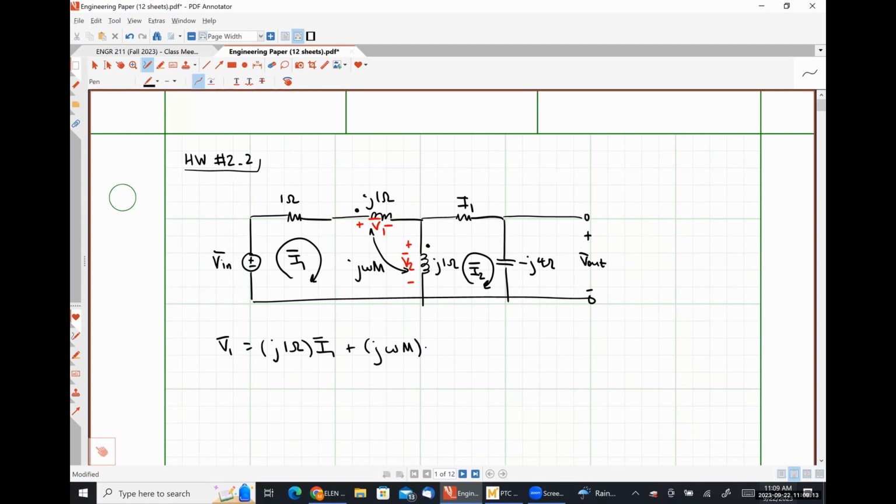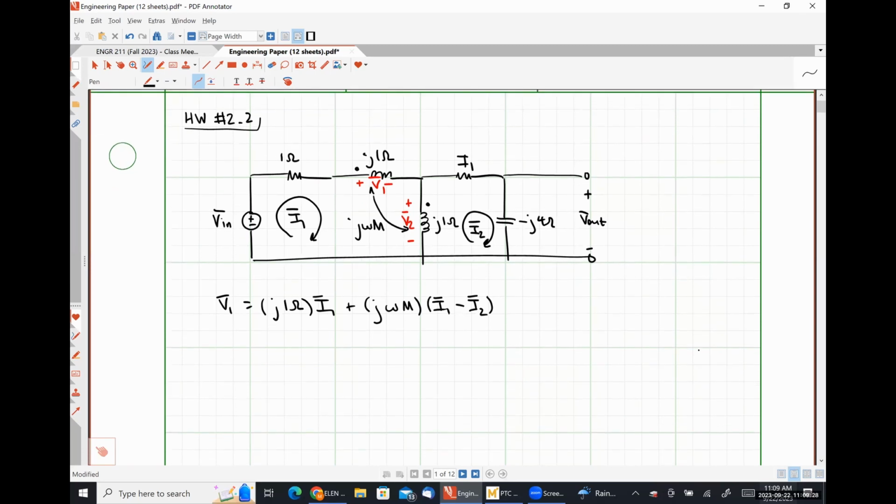Let me think about this. Oh, no, I1 minus I2, sorry, brain fart. That looked okay for the induced voltage for V1.